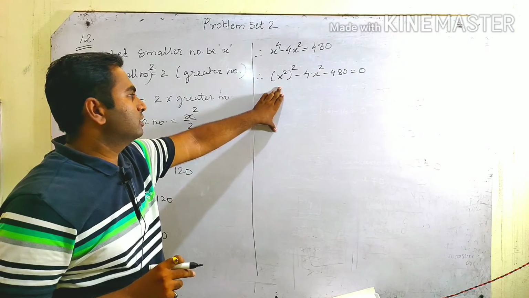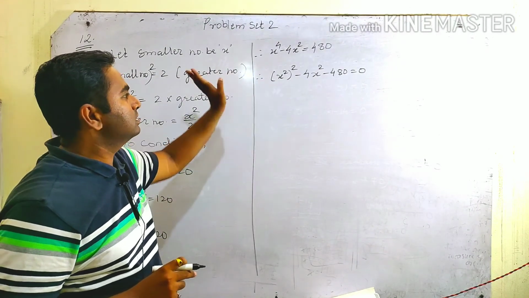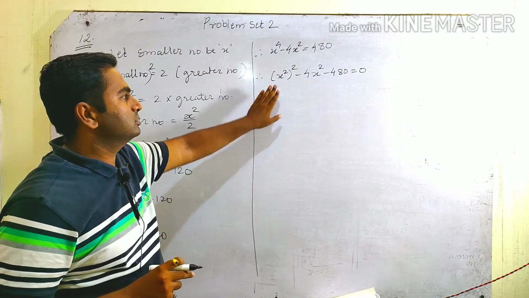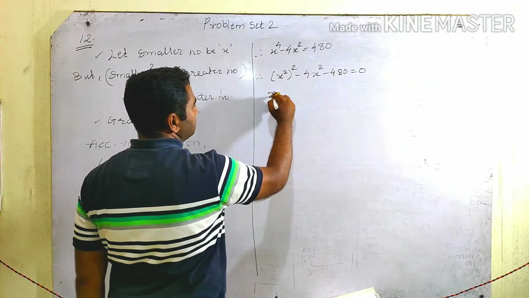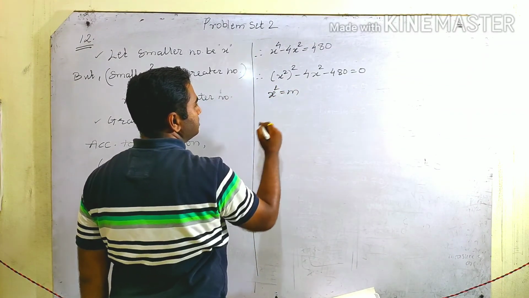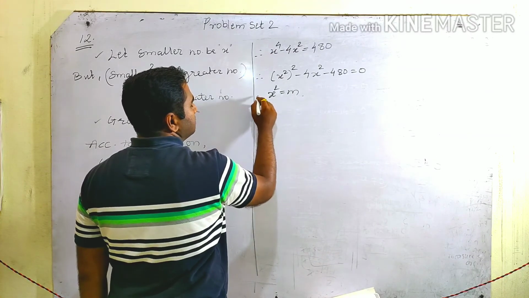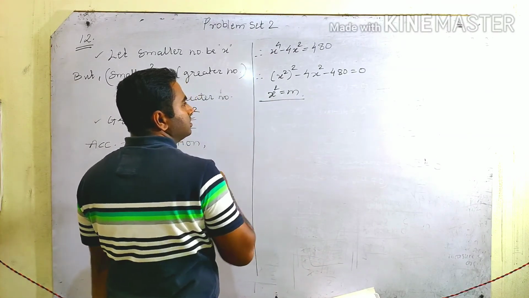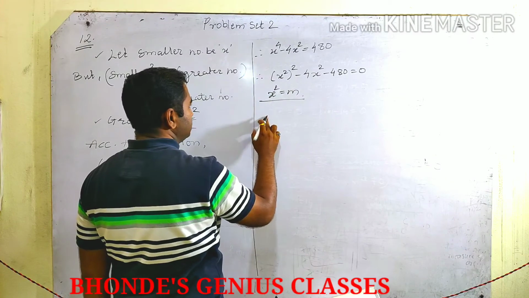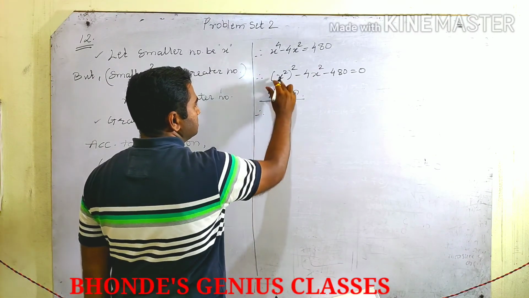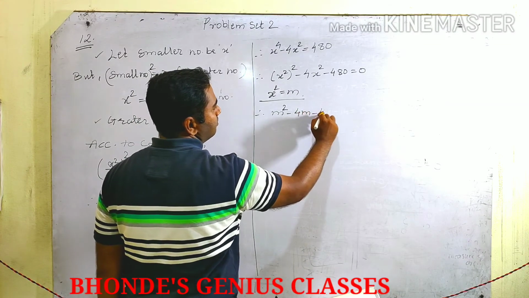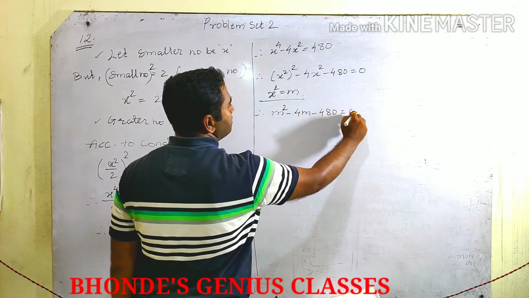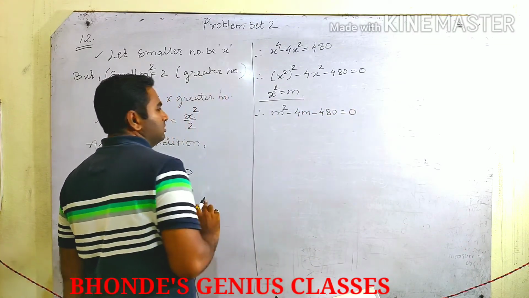Now, we know that for the standard form of a quadratic equation, we consider that x square is equal to m. If we take x square is equal to m, then we get m square minus 4m minus 480 is equal to 0. So this is the quadratic equation.